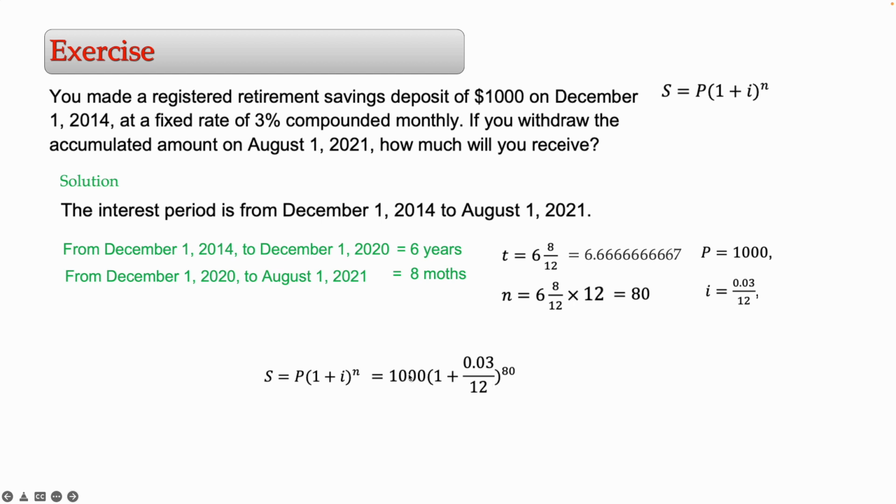And now you just use your calculator: 1,000, open bracket, 1 plus 0.03 divided by 12, close bracket, and raise it to the power 80. You press enter or you press equal, and you get 1,221.10, and that gives you the solution of this second problem. Let's solve another one.